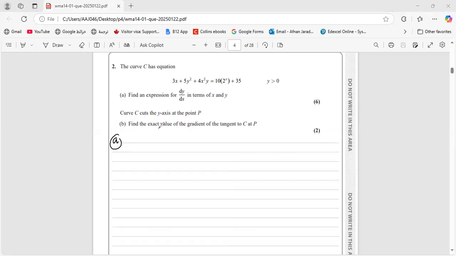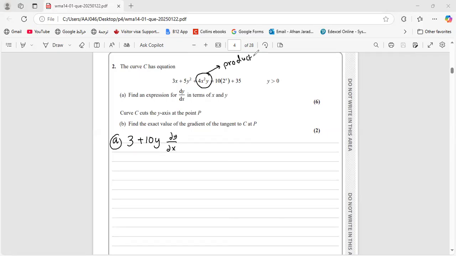What is the differentiation of 3x? It is 3. What is the differentiation of 5y squared? You differentiate and add dy over dx, so it will be 10y dy over dx. Now, what is the differentiation of 4x squared y? This one needs the product rule from pure mathematics 3.